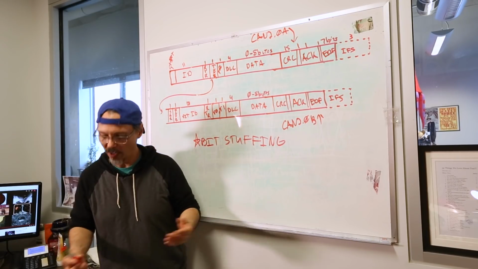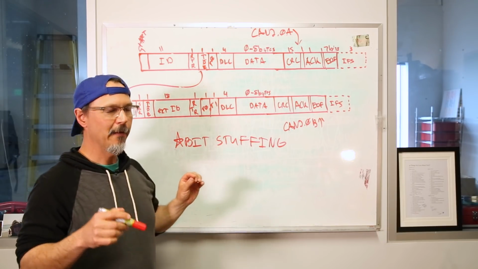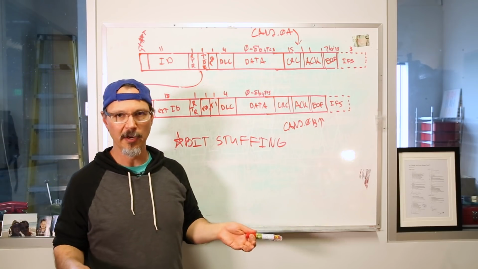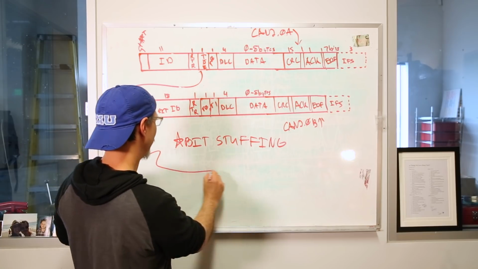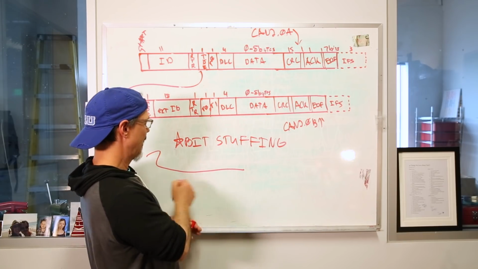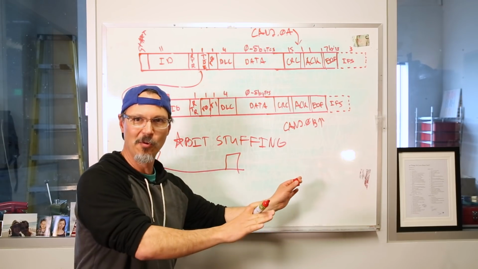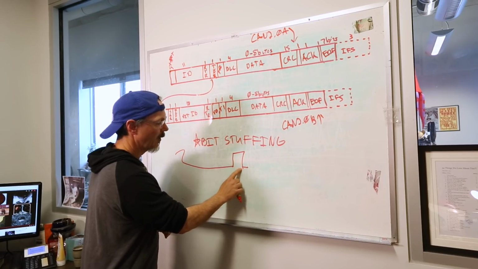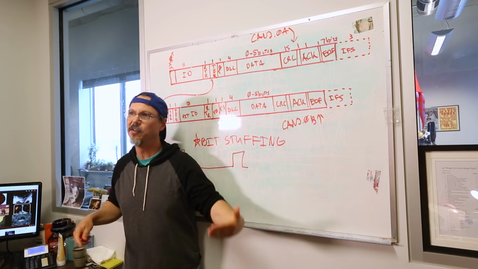Now, in order for that to work, they don't want to see more than 5 consecutive bits of any one polarity. And so if they've got a long string of one value, at the end of the 5th, they'll throw one in just so we can resync, okay? That's called bit stuffing.